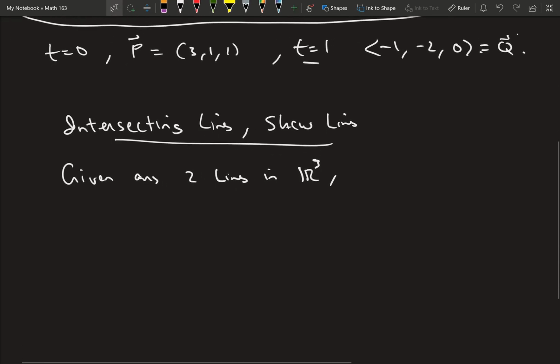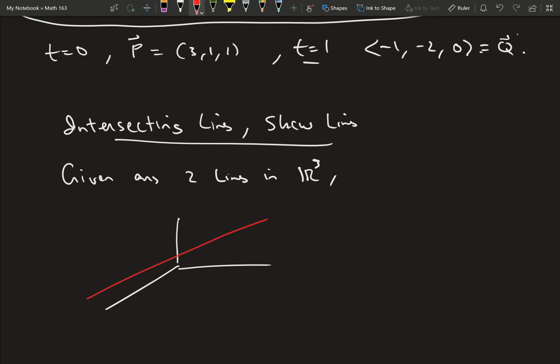One is that they intersect in one place. So here is our three-dimensional coordinate system. You could have some line going like this, and then another line going like that, where they intersect at one point. Skew lines mean they just don't intersect.